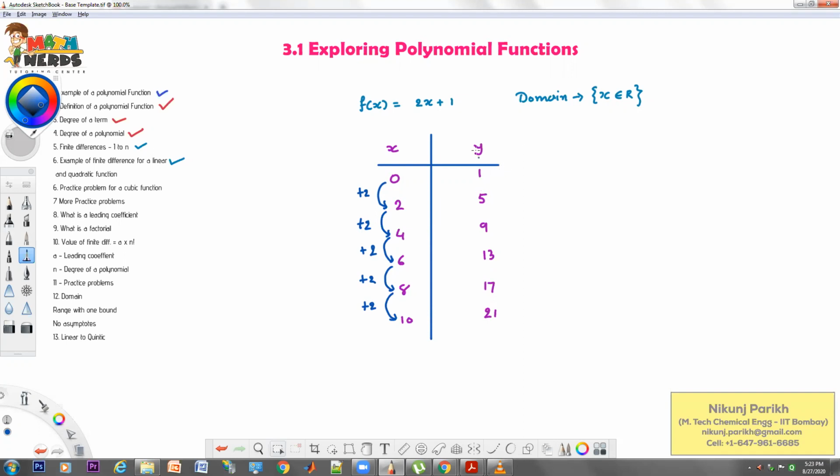Now, the finite difference is the difference between the following y value and the previous y value. So 5 minus 1 equals 4. I am subtracting the values of y. This is the first time I am doing it, so this is my first difference.